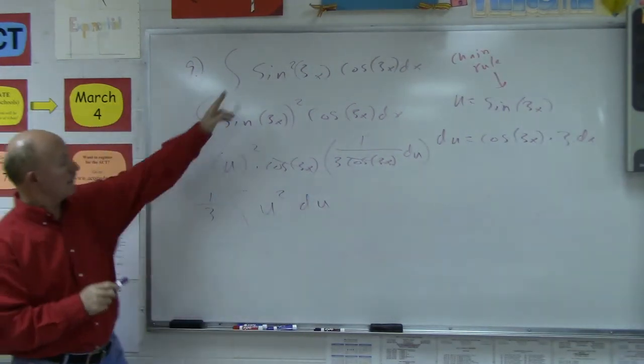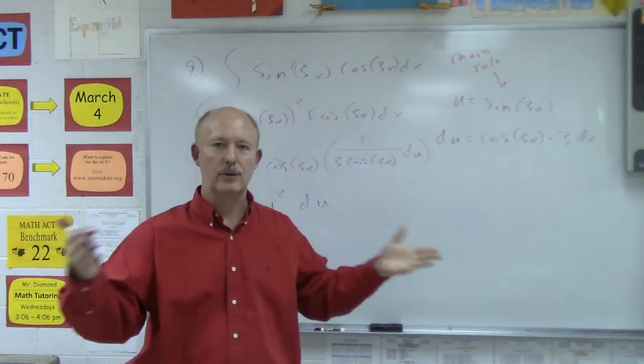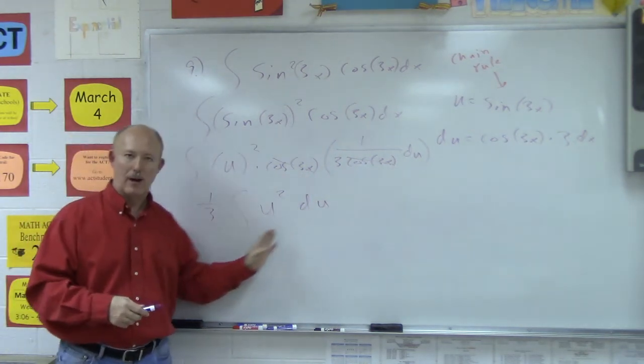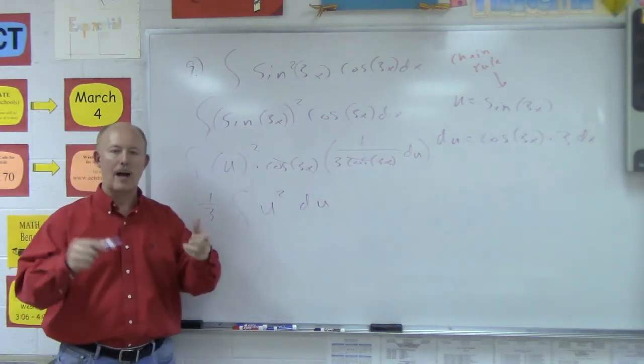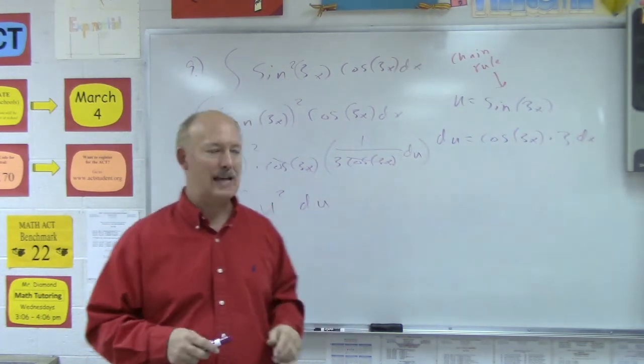So what looked like a very intimidating problem at the beginning, with sine and cosine right there in the same problem, using u substitution, now look at the problem. It's a much, much easier problem to work with if we're trying to find our indefinite integral.